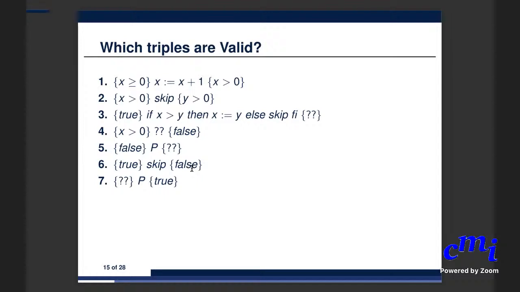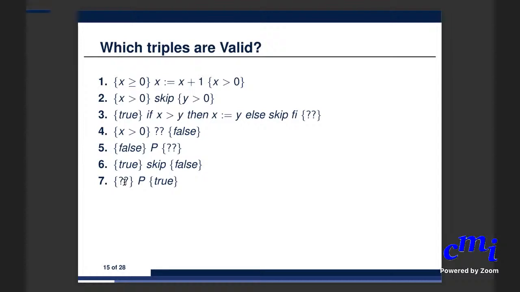Yes, sir. To make this valid, since skip does not change anything, whatever the state here, it has to be returned, and therefore it must include every possible state. So here you don't care what your post condition says. Any state I allow.